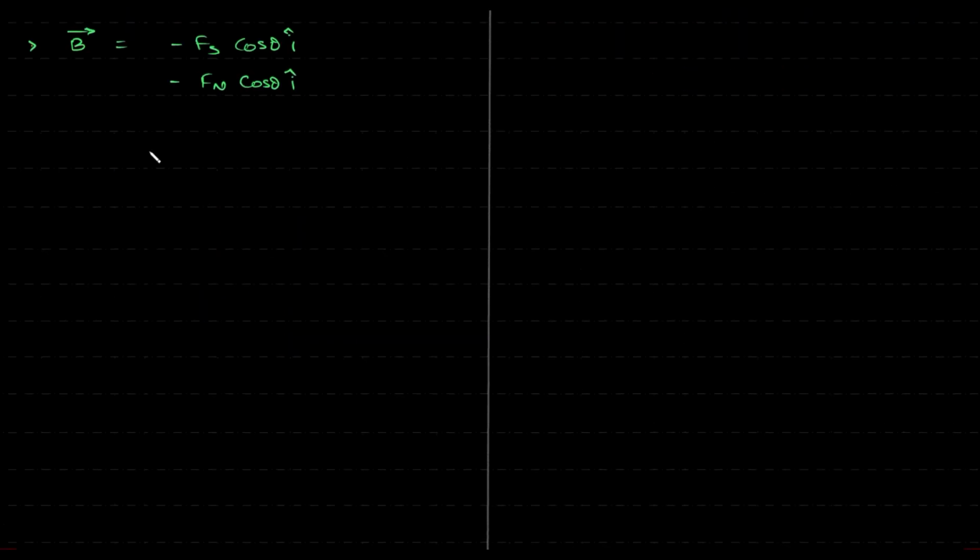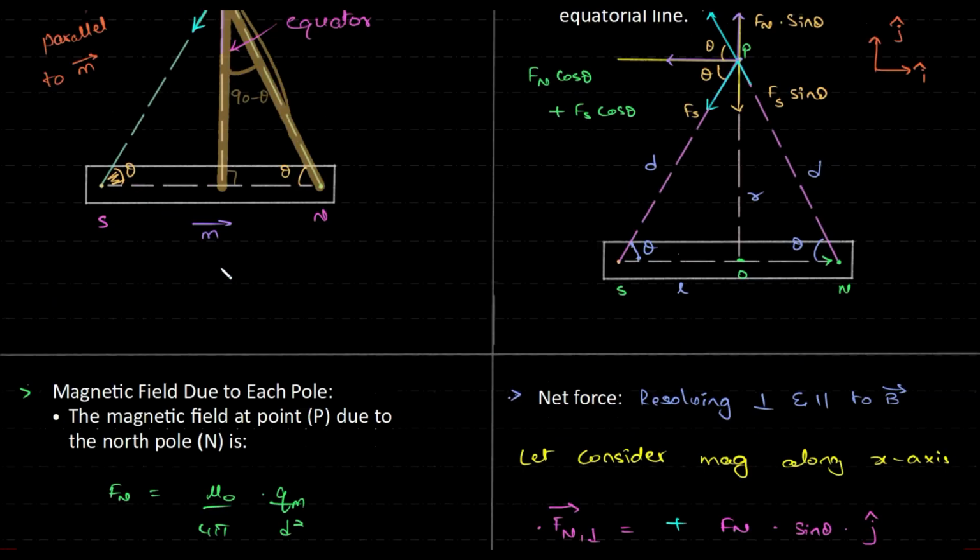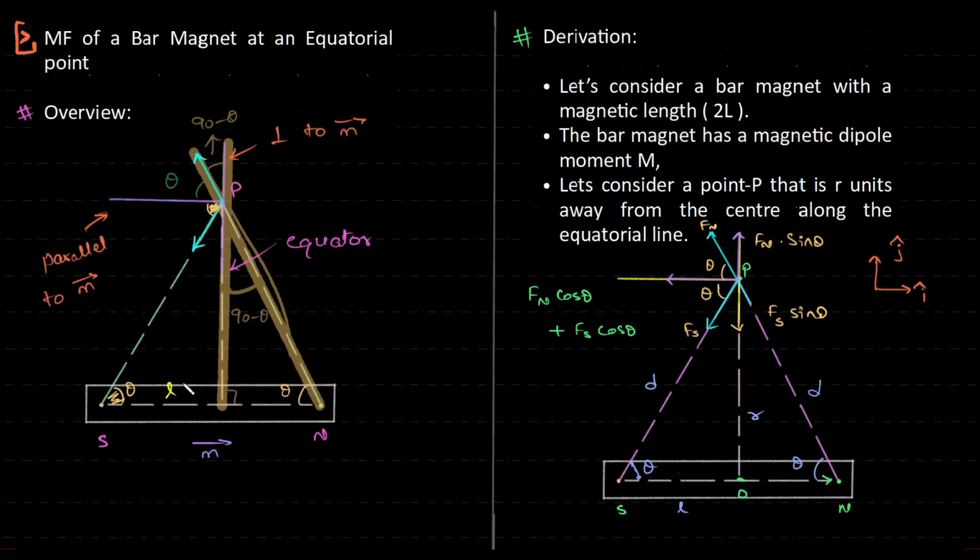So these are one and the same. This is nothing but minus 2 mu naught by 4 pi qm by d square cos theta I cap. Of course, our final answer has to be in terms of what? It has to be in terms of L, R, and M, not even theta.